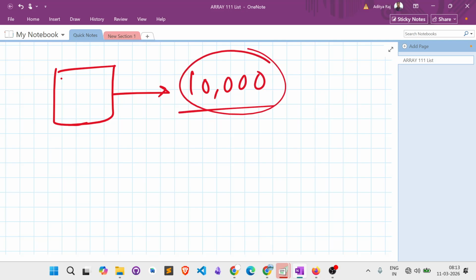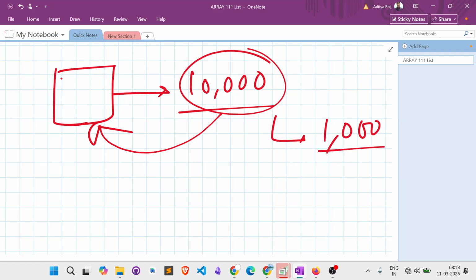So you have bought the system architecture according to the 10,000 users, like the storage, the capacity, the load balancer, all the things. But actually, what happens? The users' demand increases instantly, and it becomes like 1 lakh. So your system was not meant for this crowd.